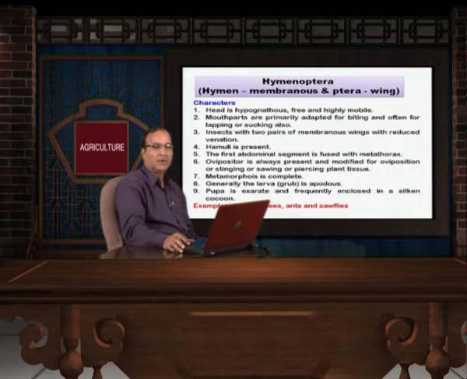Longitudinal veins are those veins which run from the base of the wing towards the anterior margin, whereas cross veins are those which connect any two longitudinal veins.